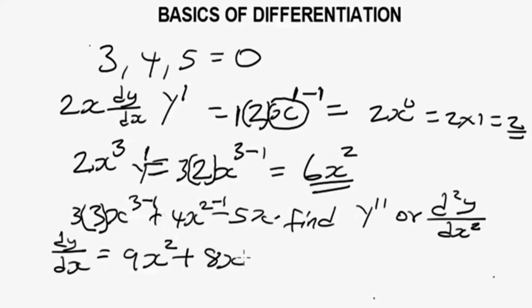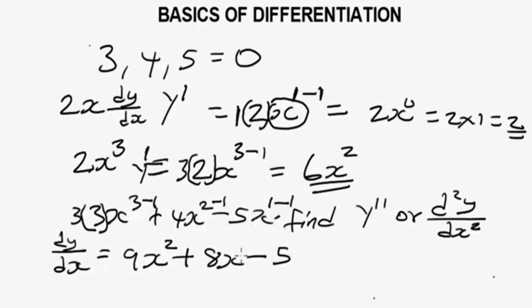Then minus 5. How I got 5: remember this minus 5x here. This x has an invisible power which is 1. Subtract 1 from it and we have 0. x to the power 0 gives you 1. So 5 times 1 gives you 5. It's as simple as that. So this is the first derivative.